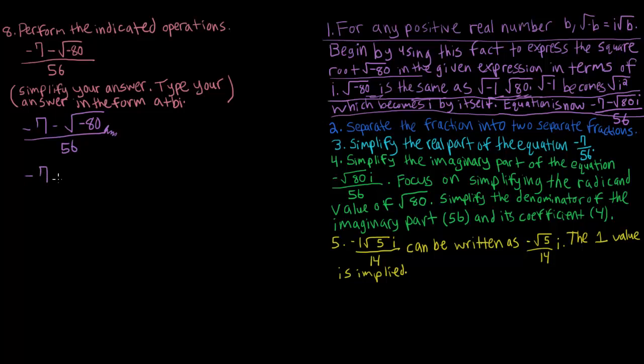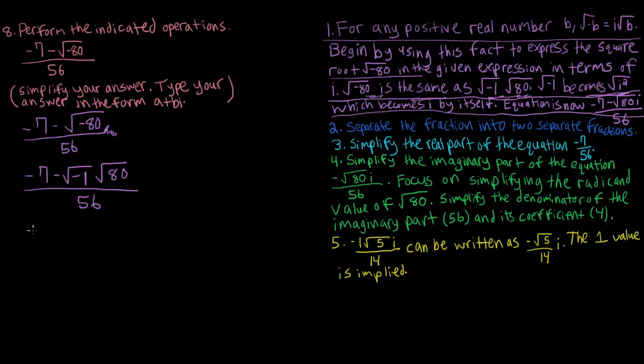So -7 minus square root of -1, and then times the square root of 80, and all of this over 56. Next, we need to go to step 2 here. Well, actually, we're still on step 1. It wants us to take the -1 value, which becomes i squared.